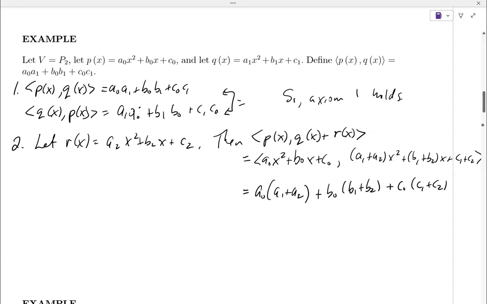What if we do the inner product of P and Q plus the inner product of P and R? What do you get here?